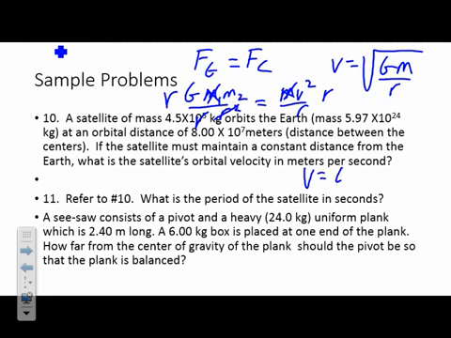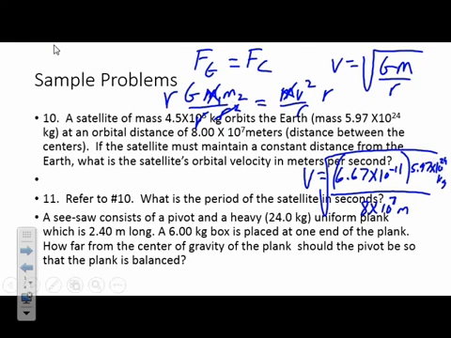V equals 6.67 times 10 to the minus 11, that's the big G, times the mass of the central object, the Earth, which is 5.97 times 10 to the 24 kilograms, divided by the radius, the distance between centers, 8 times 10 to the 7th meters. We'll take the square root.